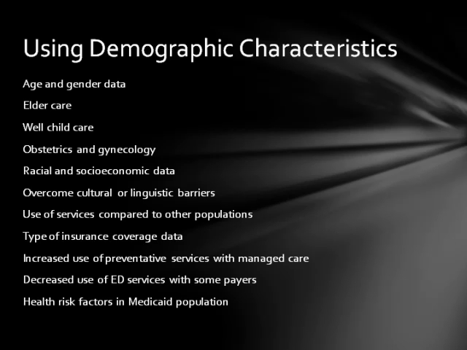Type of insurance coverage data: increased use of preventative services with managed care, decreased use of ED services with some payers, and high risk factors in the Medicaid population. So these are some of the key factors that are reviewed for demographic characteristics.